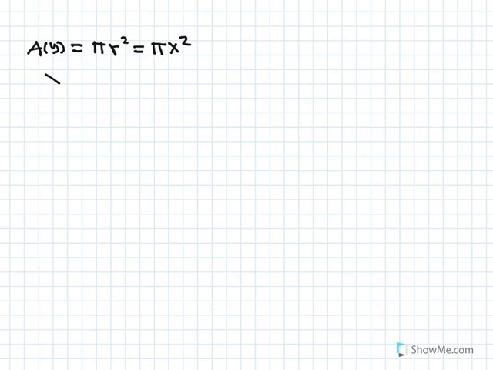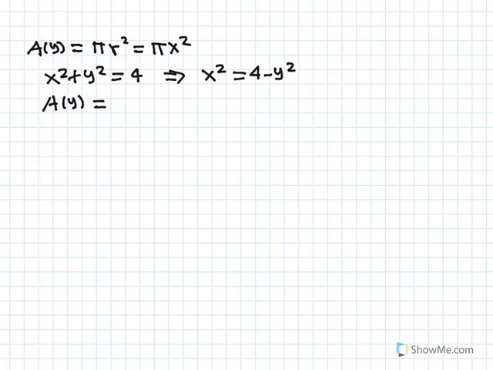So x squared plus y squared is equal to 4. Solving for x squared, we get x squared is equal to 4 minus y squared. So the cross-sectional slice is pi times x squared, which is pi times 4 minus y squared. This is a cross-sectional slice at height y.